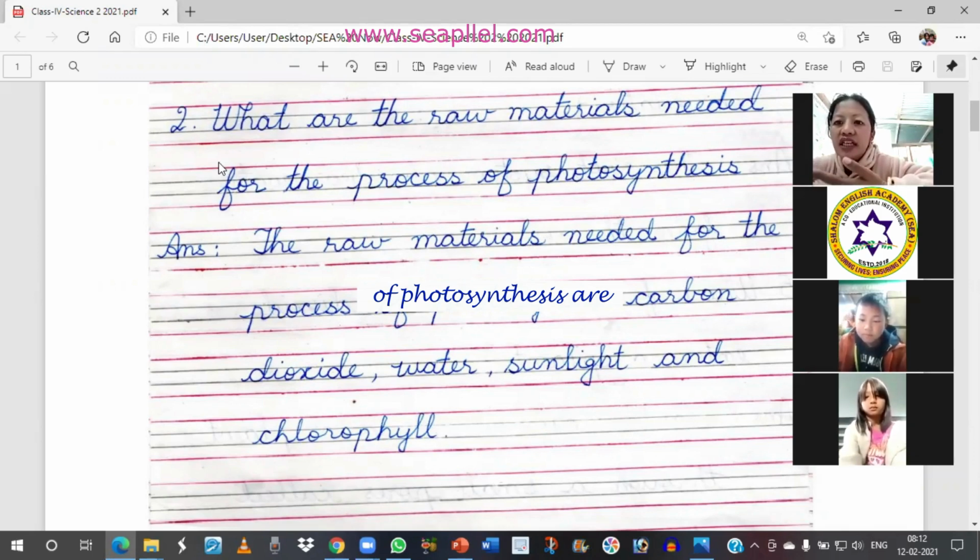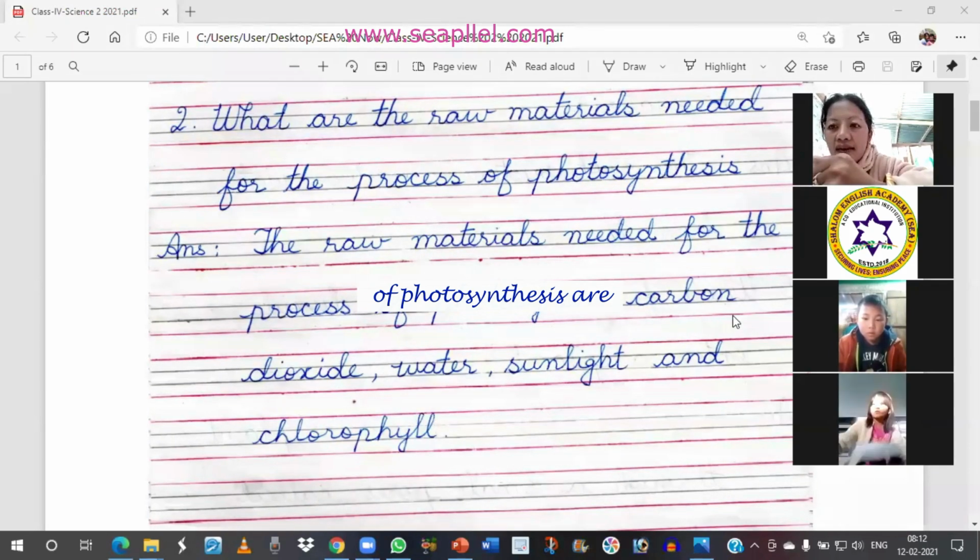The raw materials needed for the process of photosynthesis are carbon dioxide from the air, and water from the roots, and sunlight, and chlorophyll. So these four materials are needed for the process of photosynthesis.